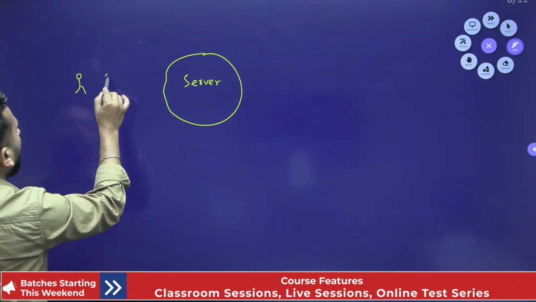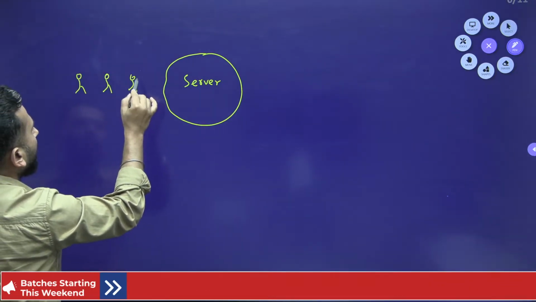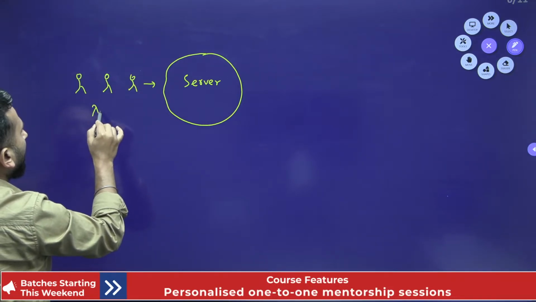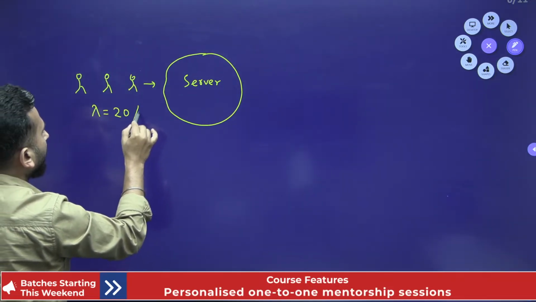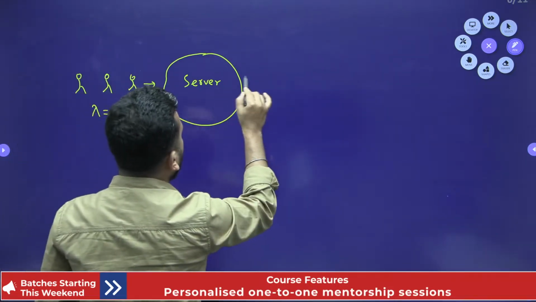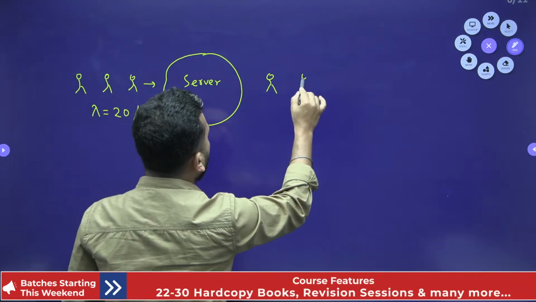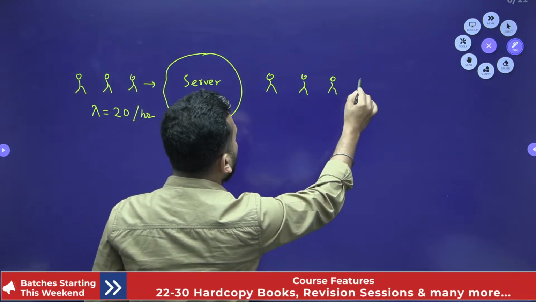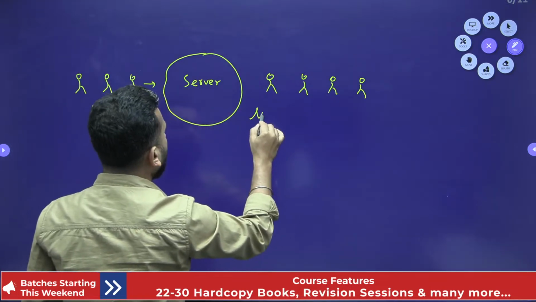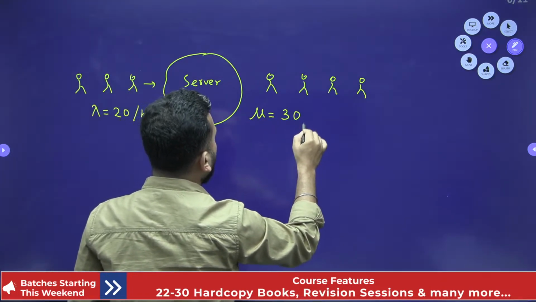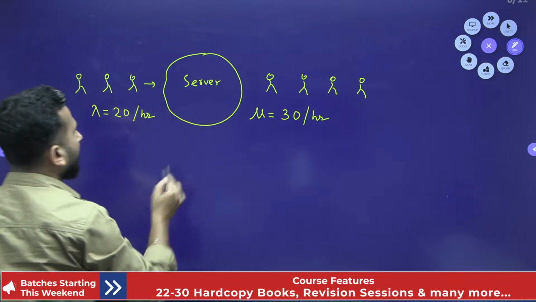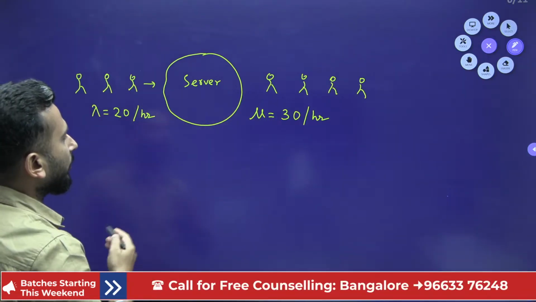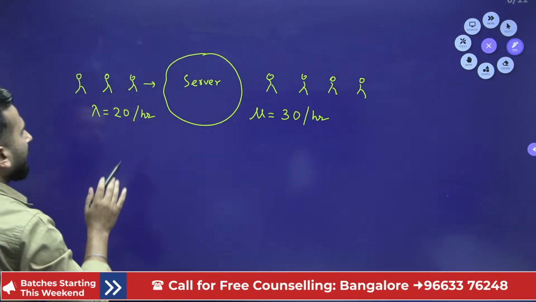So what I am trying to show is that suppose this is a server. People are arriving over here with some rate, let's say 20 per hour, and after taking the service, people are going at the rate of, let's say, 30 per hour. And this mu must be greater than lambda, then only the entire system will work.